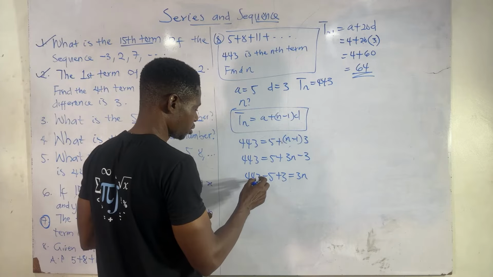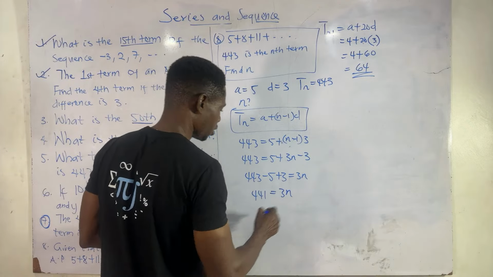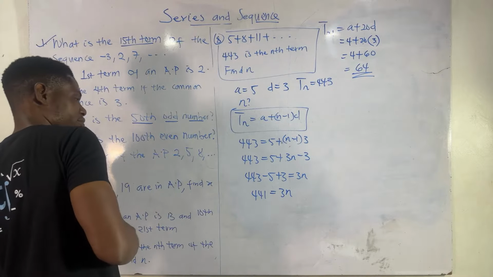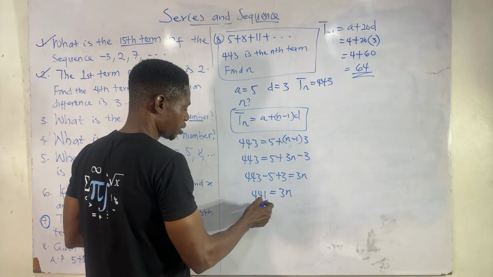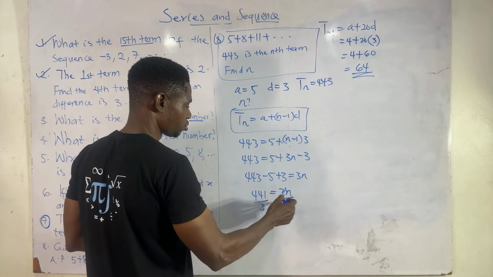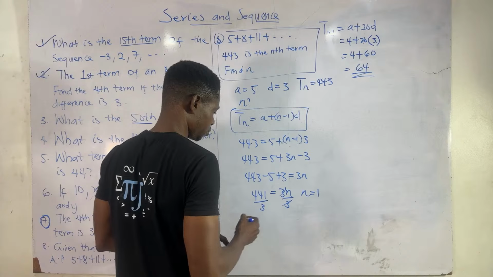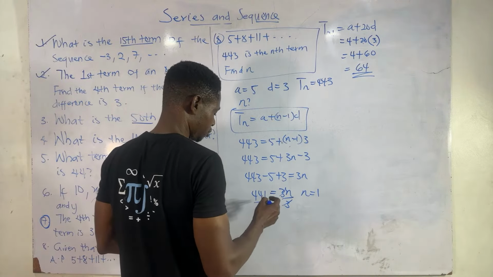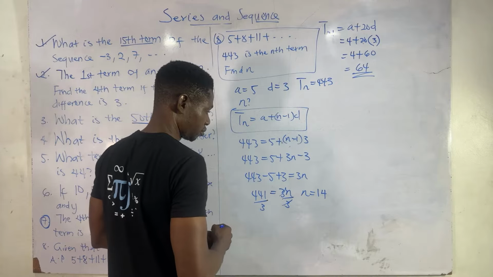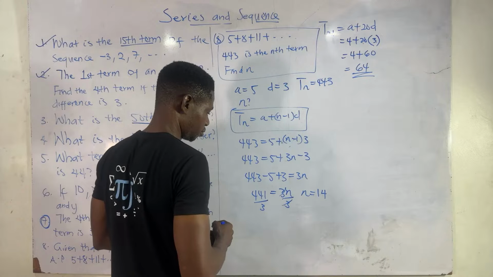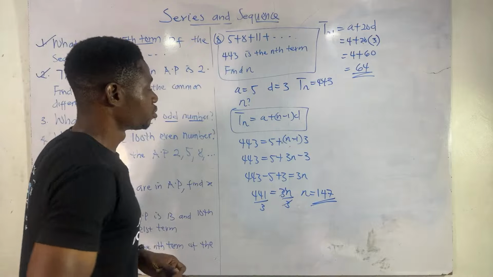Yes, 441 equals 3n, right? So if we divide both sides by 3, this cancels this, our n will become what we're looking for. So our n is 147.